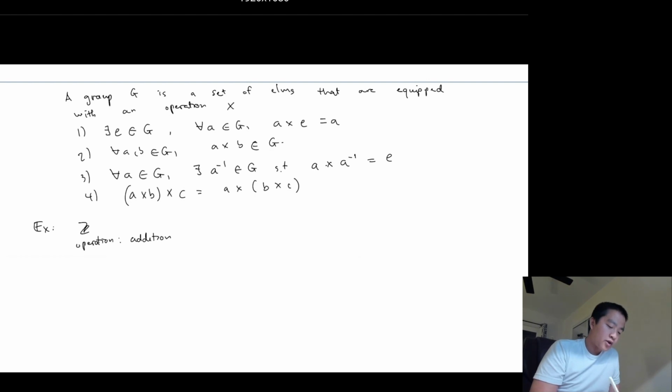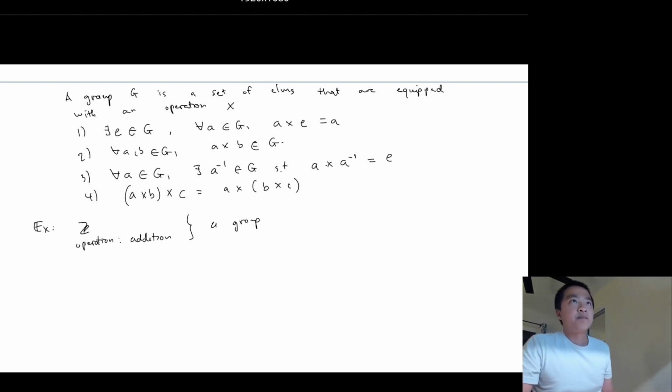This is a group, right? So the set of integers under addition form a group. Two integers, when you add them together, you get an integer, so that's closure. The identity element is of course 0. Addition is clearly associative, and for every element, for example 5, you have an inverse element which is -5.